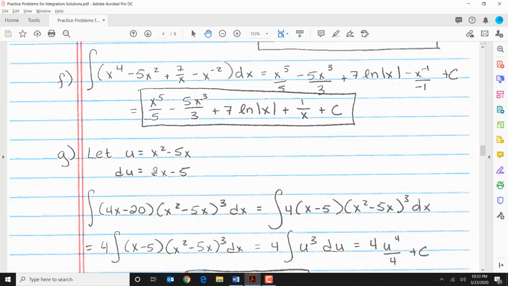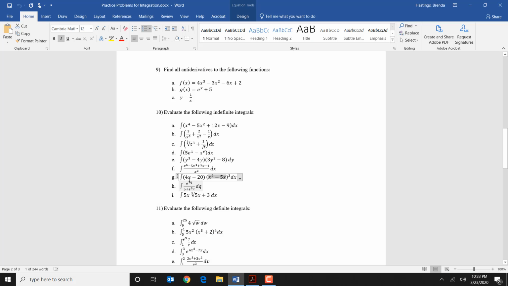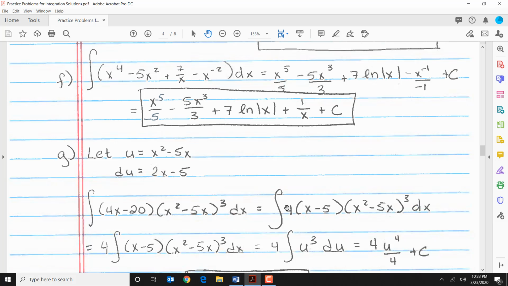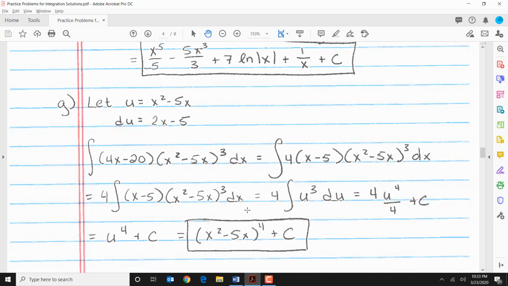This problem doesn't actually work as nice as it should, so we're going to pretend like that is an 8x minus 20. That would make life a lot easier. So that should be a 4. That should still be a 2x minus 5, and that would work out really nice. Pull out the 4 like I did here if I had done my math correctly. Sorry for those of you that struggled with this problem. I'm just now realizing I made a mistake.